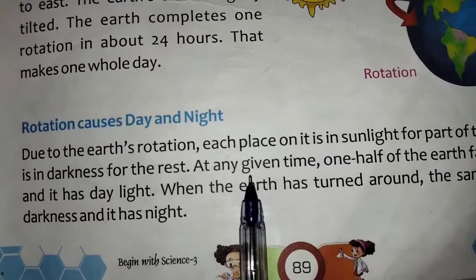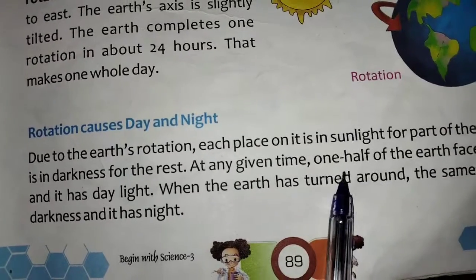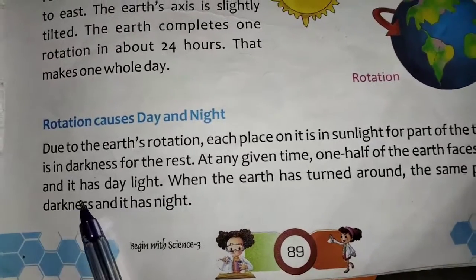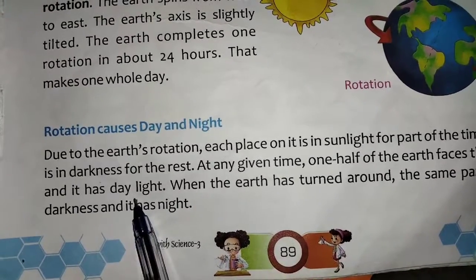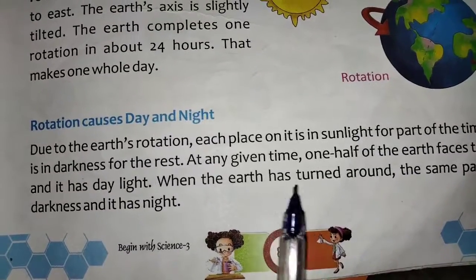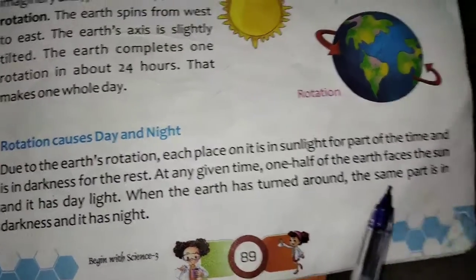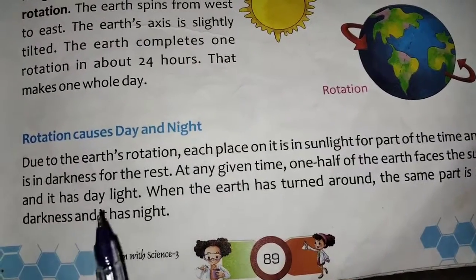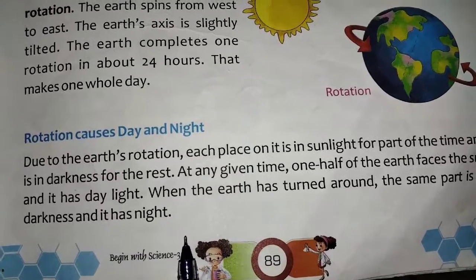At any given time, one half of the earth faces the sun and it has the daylight. When the earth has turned around, the same part is in darkness and it has night.